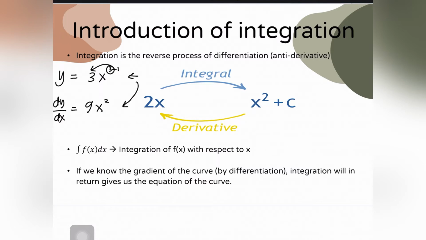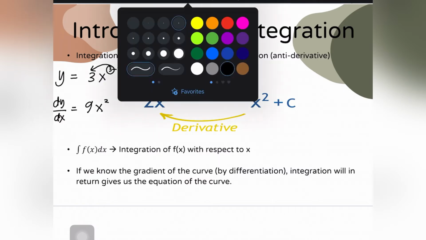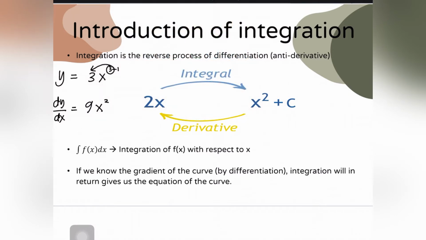So what is actually the process of integration? The process of integration is known as the antiderivative process, where integration will return your equation in derivative form back into its original equation. From equation y to dy/dx, we are doing the process of differentiation.